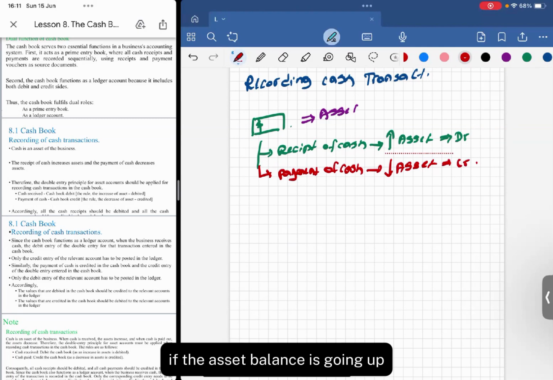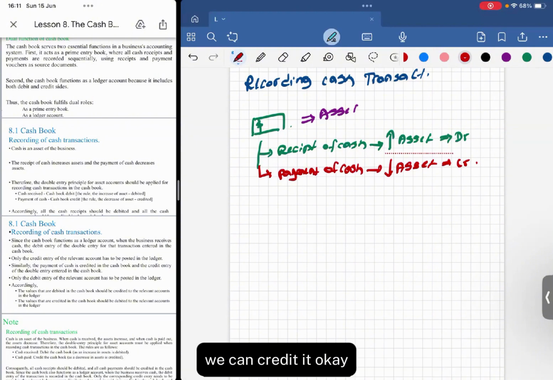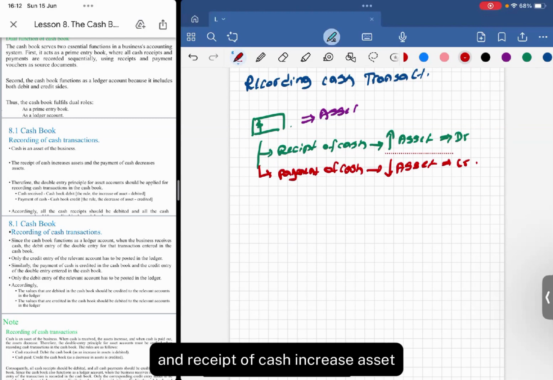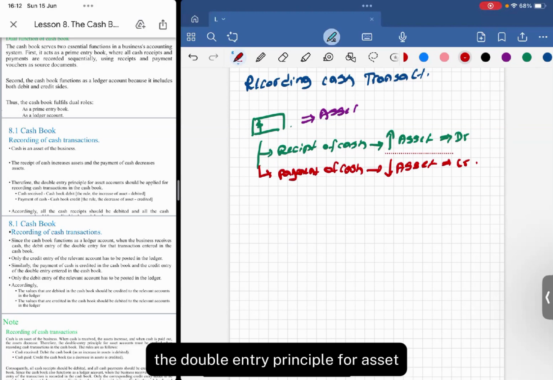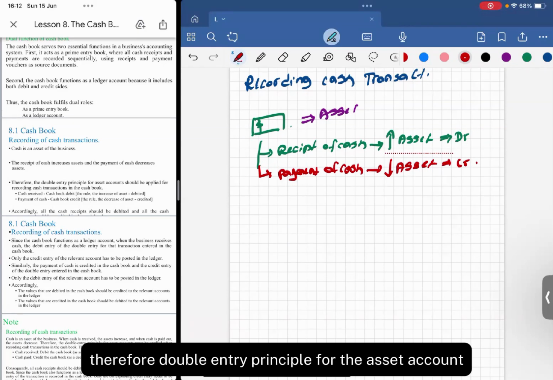So cash is an asset of the business, receipt of cash increases the asset and payment of cash decreases the asset. Therefore, the double entry principle for asset accounts should be applied for recording cash transactions in the cash book.